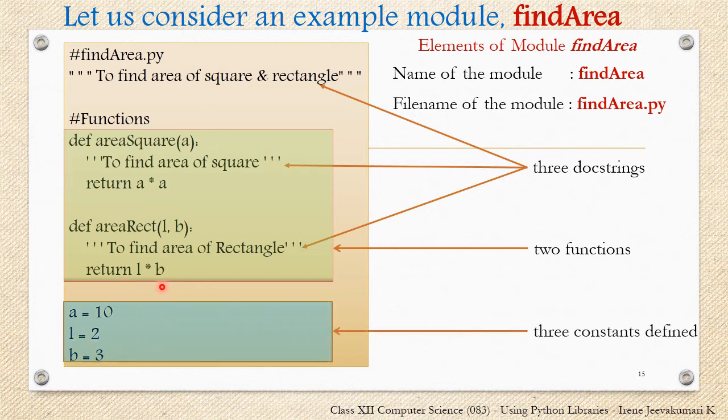And we have three constants: a equal to 10, L equal to 2 and B equal to 3. So this is an example of a user-defined module. It contains some docstrings, some functions and some constants or variables.